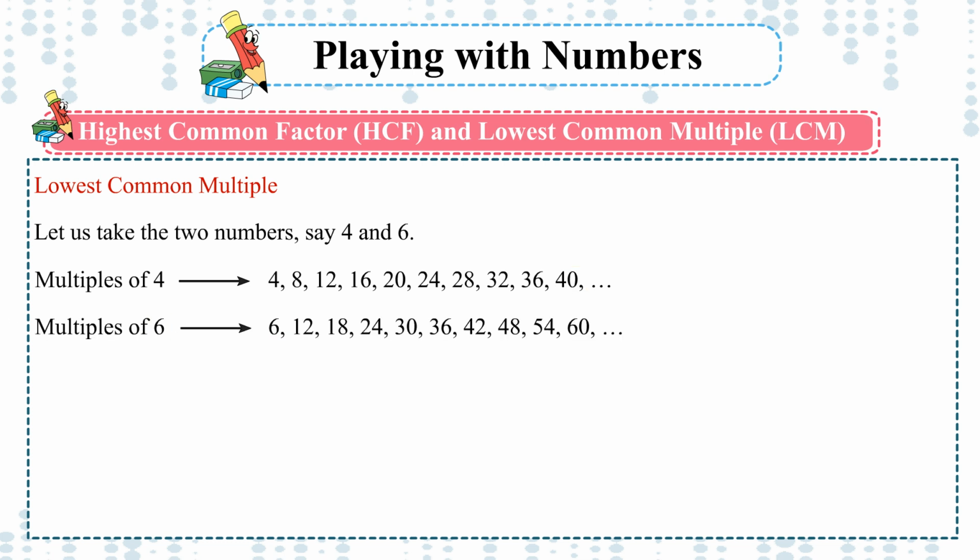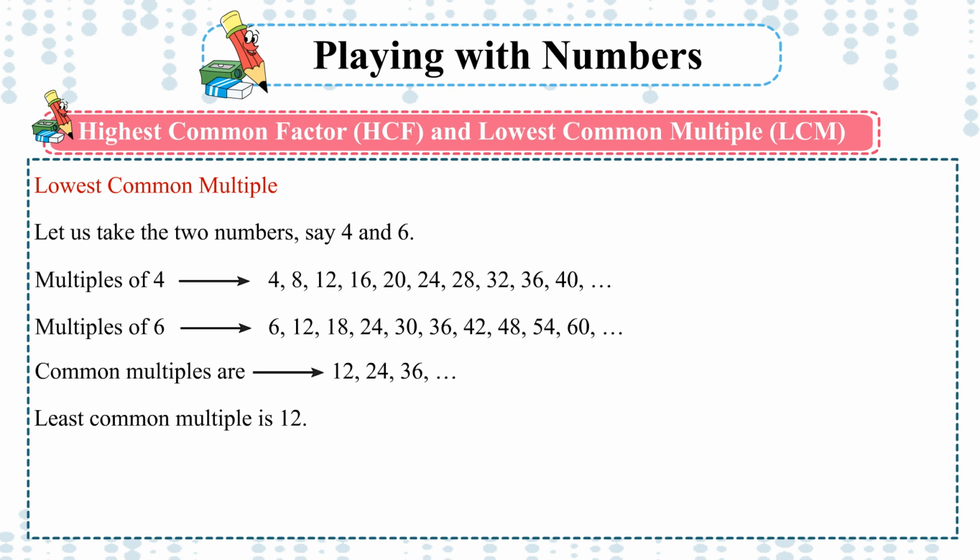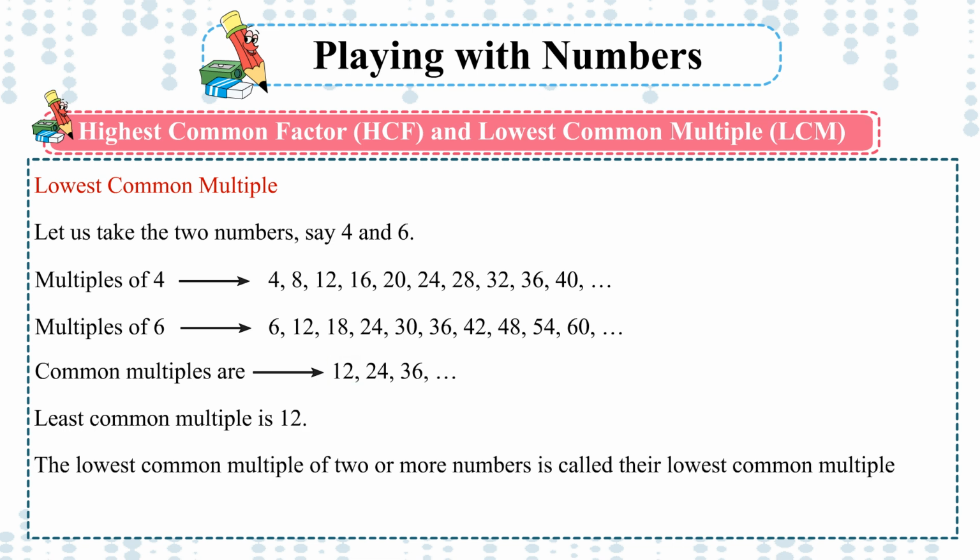Multiples of 6: 6, 12, 18, 24, 30, 36, 42, 48, 54, 60. Common multiples are 12, 24, 36. Least common multiple is 12. The lowest common multiple of two or more numbers is called the LCM.